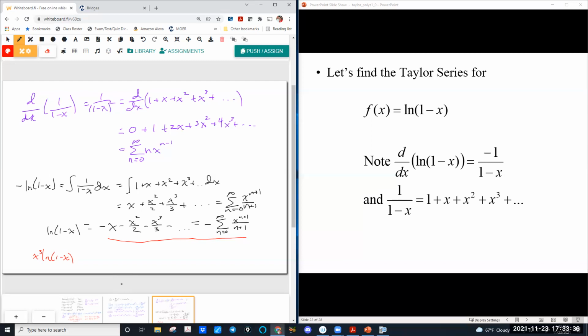Cosine of x is a basic one, sine of x basic one, e to the x is a basic one, 1 over 1 minus x is a basic one. There are some basic Taylor polynomial expansions that are easy to find and we use often. Those are the ones we look to use to see if we can find Taylor expansions for some of these more complicated ones.